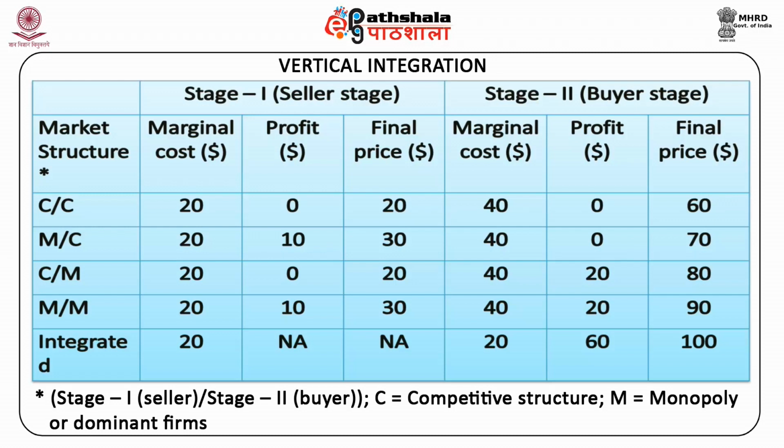Such a condition allows for the maximum profit. Here it is assumed that the additional market power, as both monopolies allow a price of 100 to be charged, allowing a profit margin of 60 in stage 2. This arrangement allows for the maximum profit.